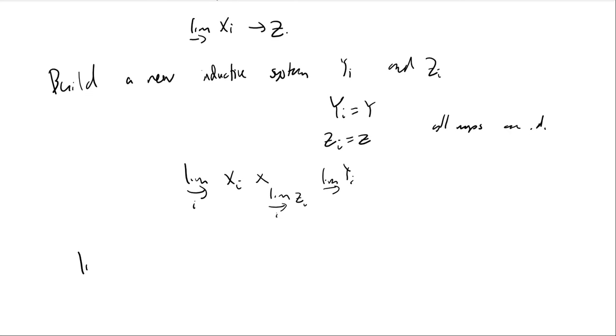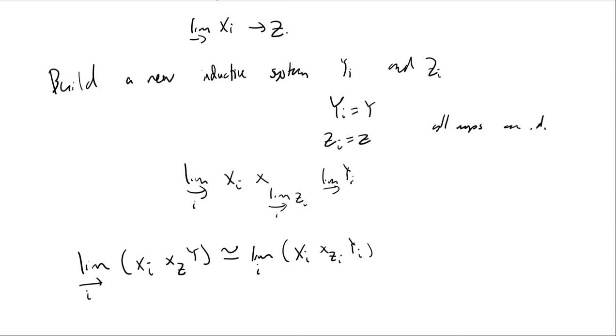And the reason is because we know that lim I xi fibered over z times y is isomorphic to lim xi fibered over zi yi. And this limit now commutes with everything.